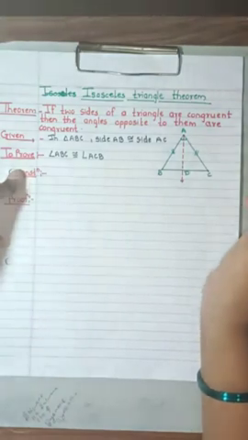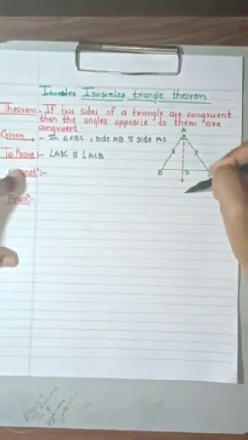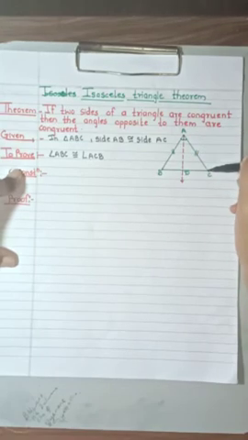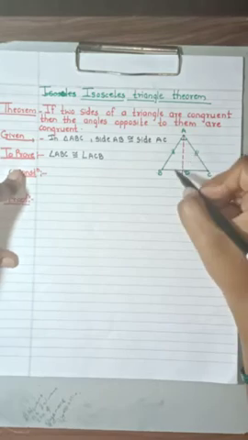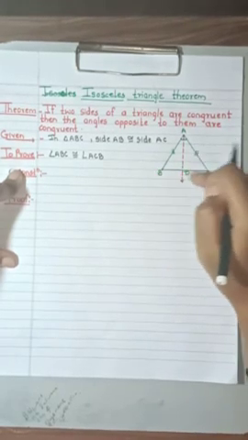Now what are we going to do? We are going to construct a bisector. We are going to draw a bisector of angle BAC, and it will divide segment BC at point D, such that B-D-C, meaning D will be the midpoint of segment BC.